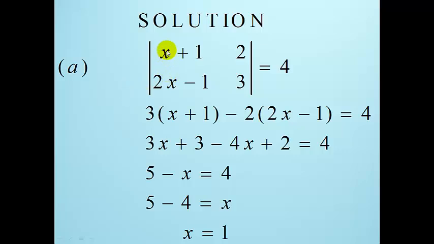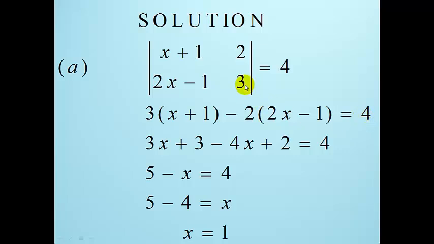we have the determinant of x plus 1, 2, 2x minus 1, 3. So we multiply the first element by the fourth. So we have 3 times x plus 1 minus 2 times 2x minus 1 is equal to 4.